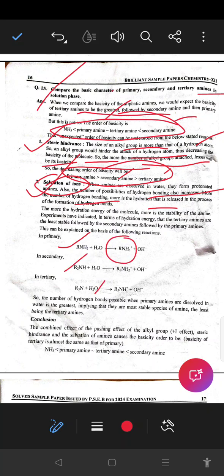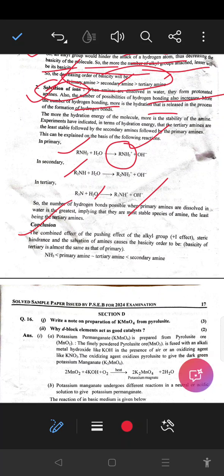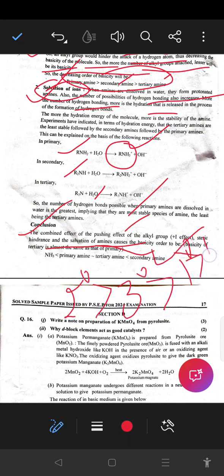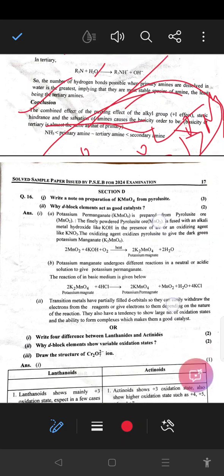But the overall conclusion is that, due to the combined effect of the pushing effect of the alkyl group, steric hindrance and solvation of amines, the basicity order is secondary amine, then tertiary, then primary and ammonia. This is the basic trend based upon experimental observations.